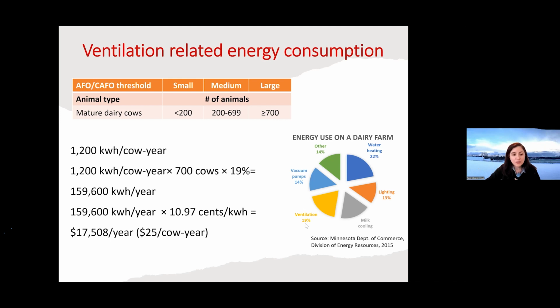This is the ventilation rate. So we consume 160,000 kilowatt hour per year. If we assume the electricity cost is 10.9 cents per kilowatt hour, then we spend $17,000 per year.